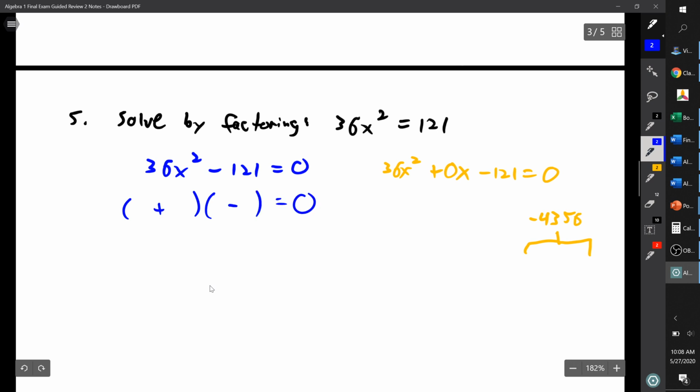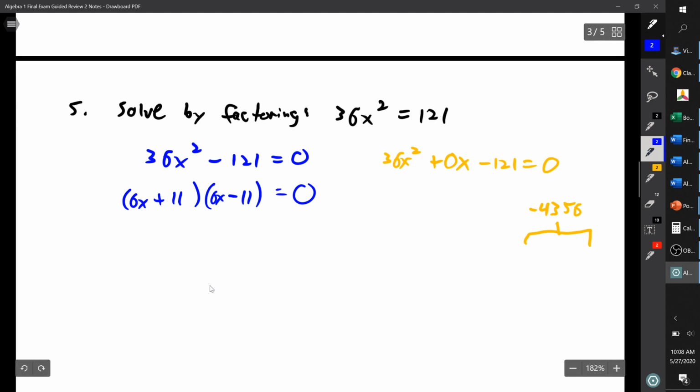So what's the square root of my first term? 6x. What's the square root of 121? 11. So I get 6x plus 11 times 6x minus 11 equals 0. So again, take each factor, set equal to 0. So I have 6x plus 11 equals 0, or 6x minus 11 equals 0.